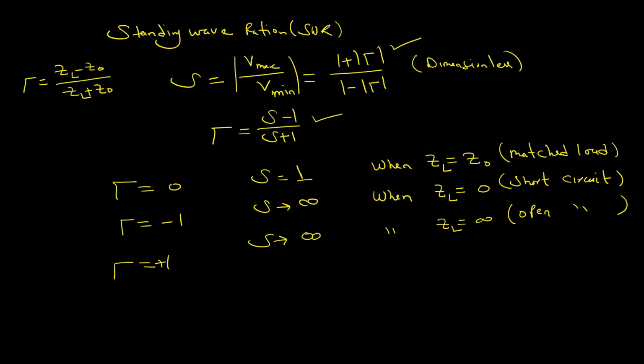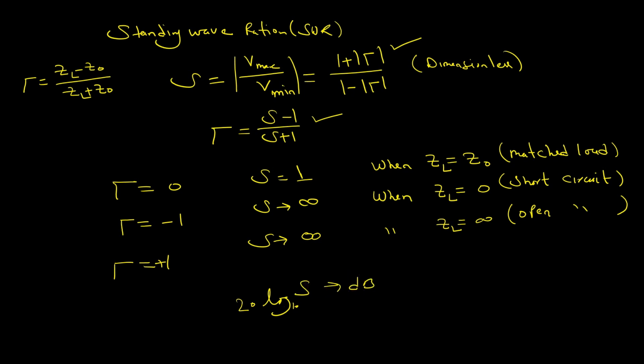So these are the conditions. Now the value of S can be very large; the minimum value is 1 and it goes towards infinity. So it is customary to express it on a logarithmic scale.